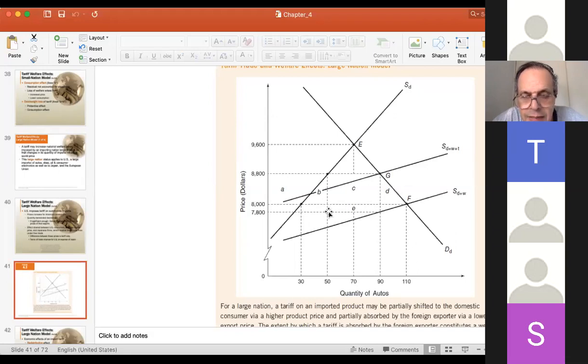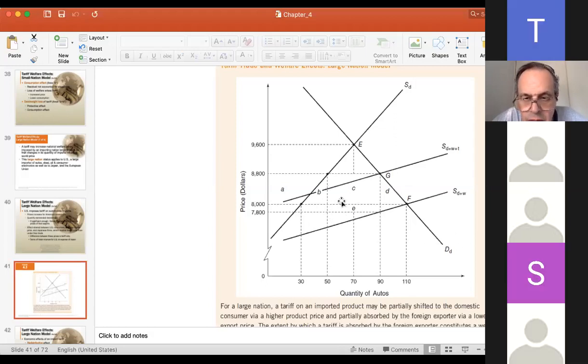So obviously the government is going to get all of this in tariff revenues. C plus E is the total tariff revenues the government gets. However, C is the tariff that is paid by consumers. E is the tariff paid by foreign producers. So this E right here, we refer to it as the terms of trade effect.